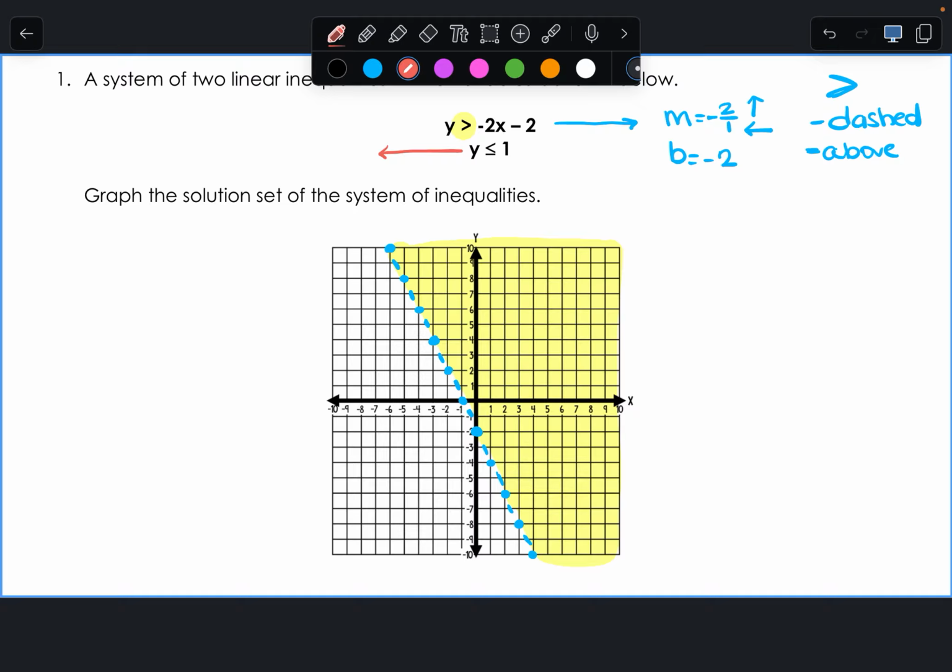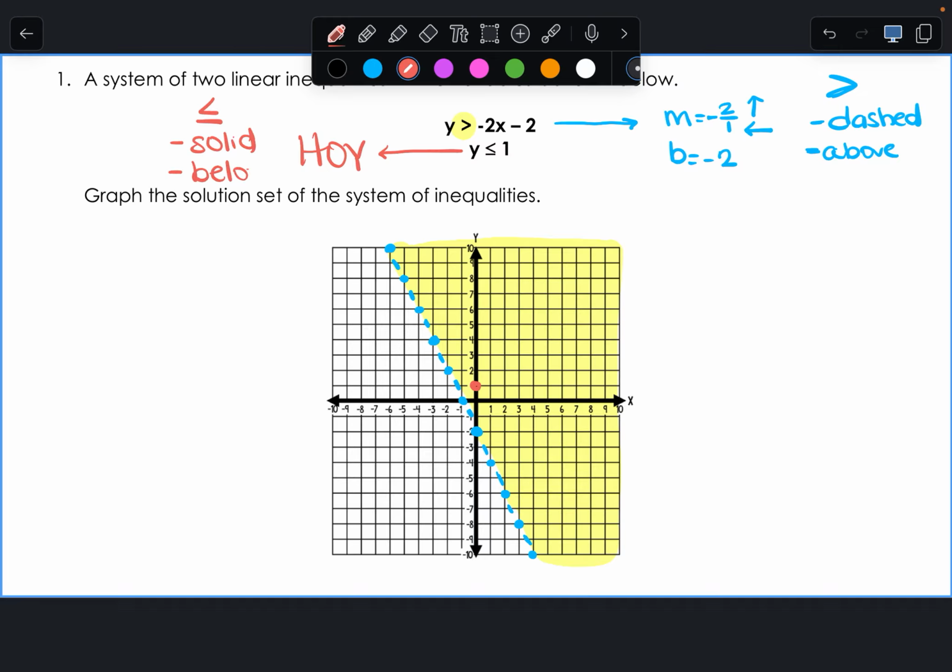Okay, the second one. We have a y, but we do not have an x anywhere, so this would represent what kind of line? Correct. Horizontal. We're going to put a horizontal line at the 1. What type of horizontal line? Solid. The inequality is less than or equal to, which means it should be a solid line. And are we going to shade above or below it?